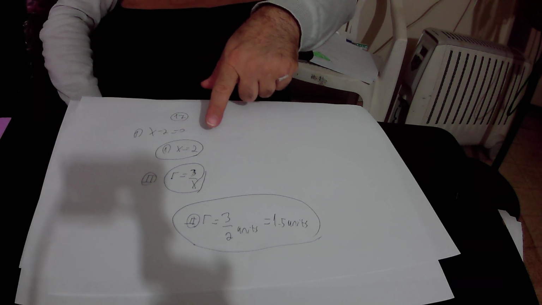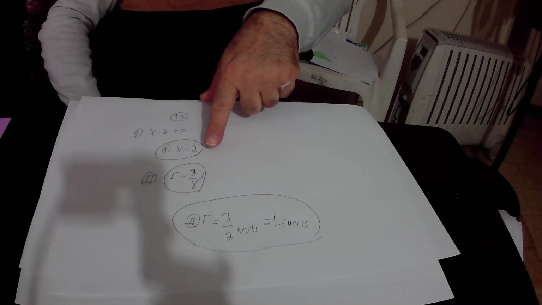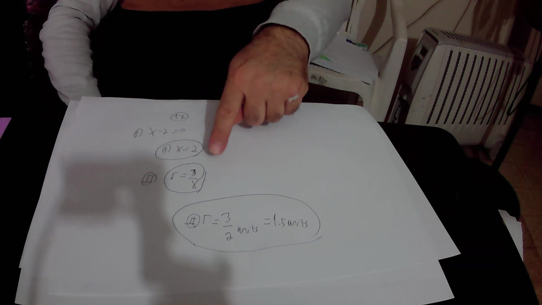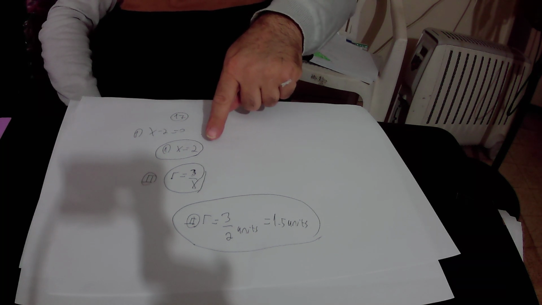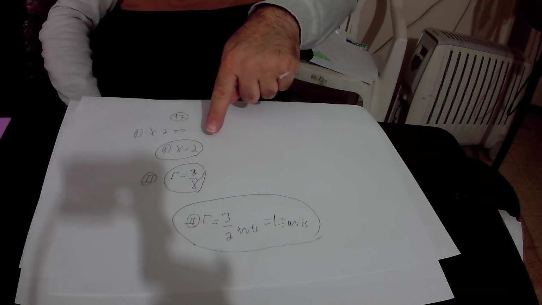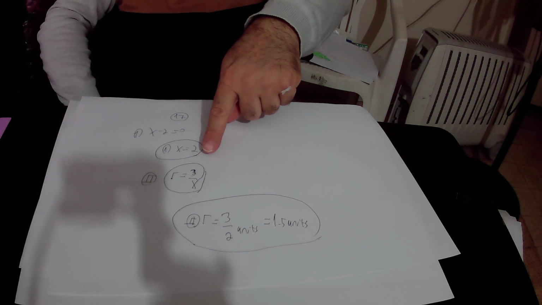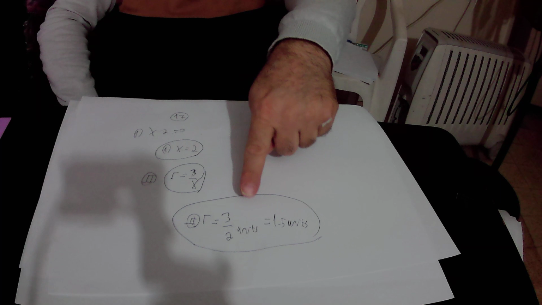And according to equation number 1, r equals to 3 over x. So we'll substitute x by 2 because x equals to 2, and we'll get in equation number 2 that r equals to 3 over 2 units.